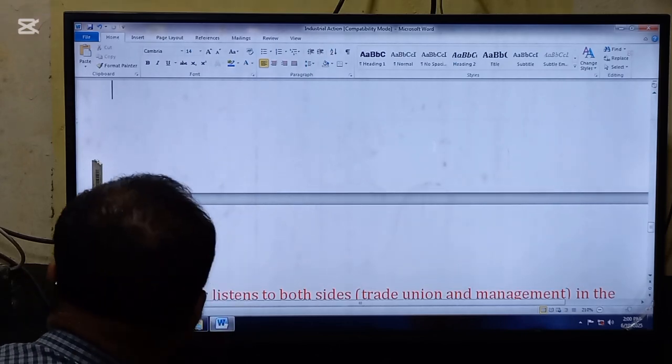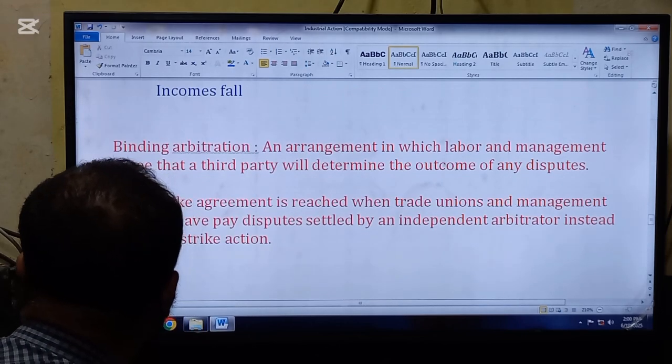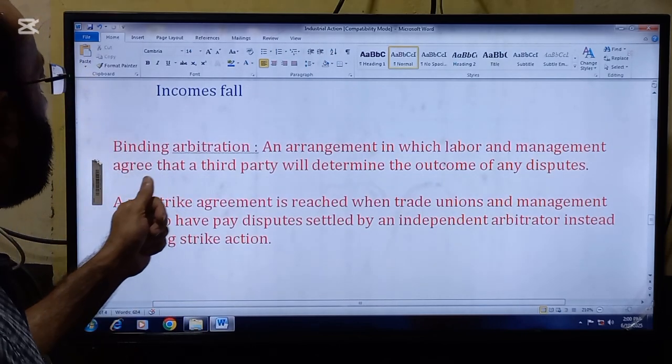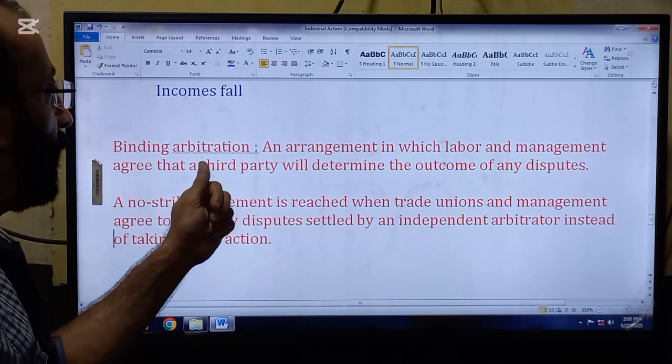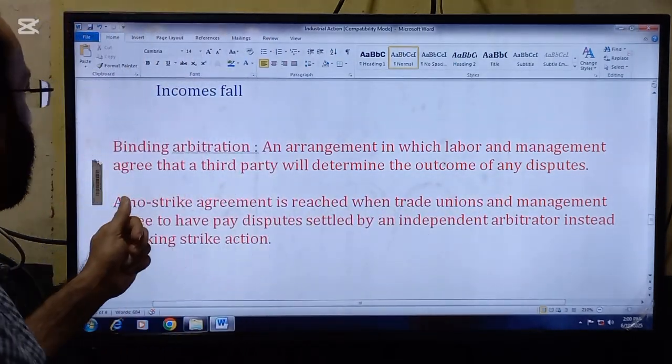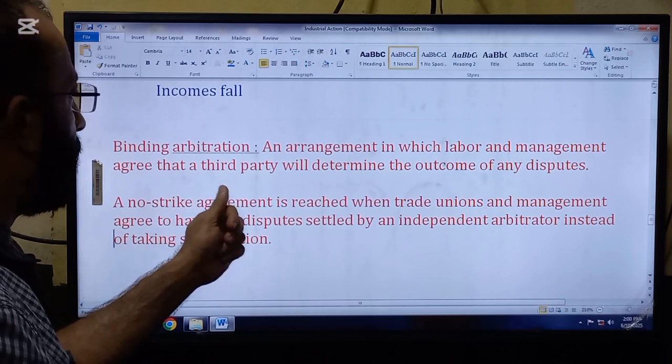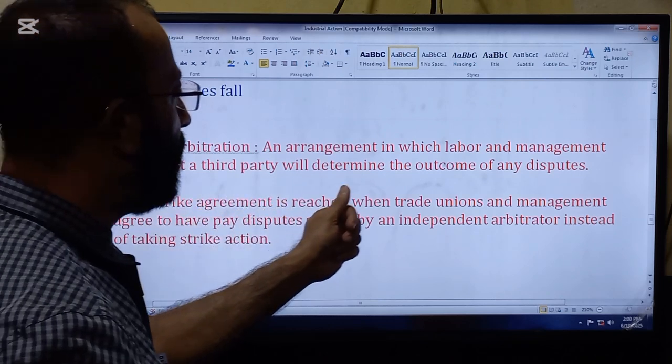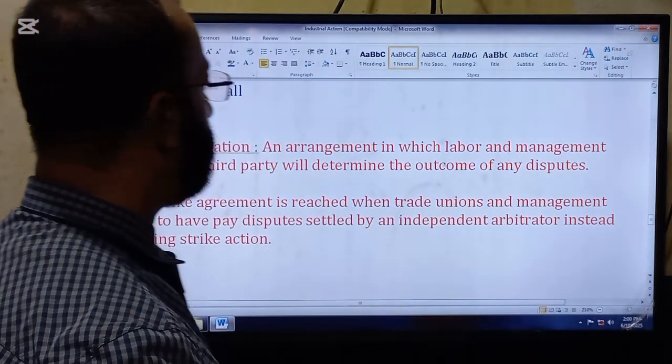Next, we are going to read some definitions. Binding arbitration: an arrangement in which labor and management agree that a third party will determine the outcome of any dispute.